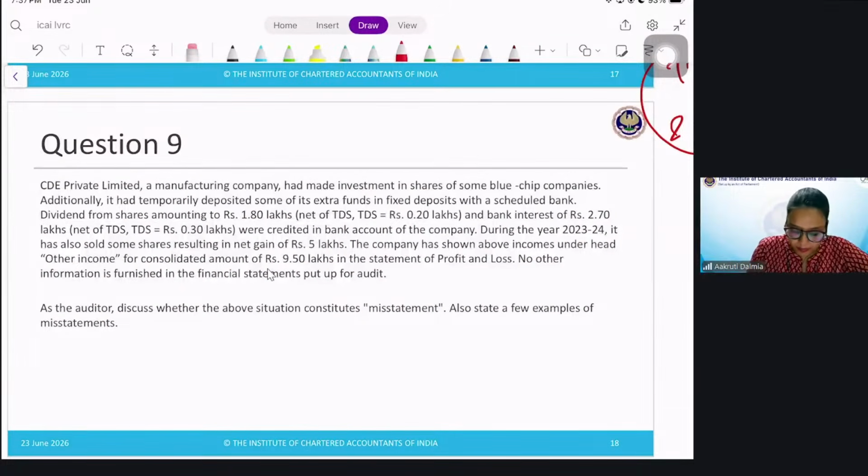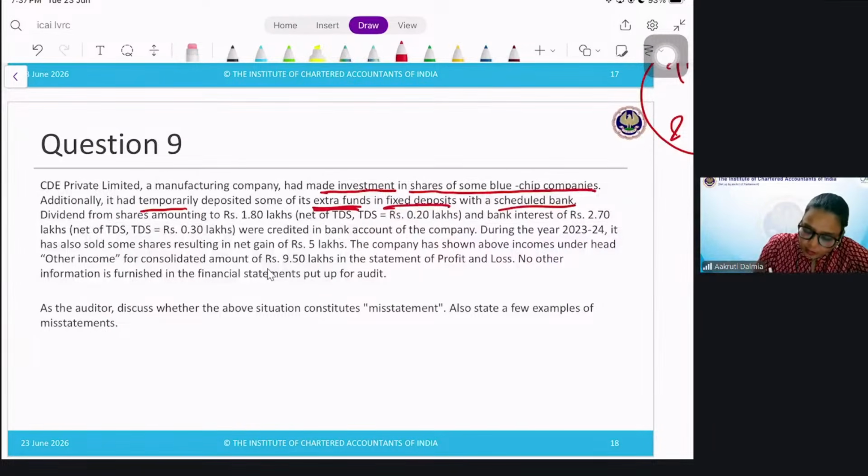CDE Private Limited, a manufacturing company, has made an investment in shares of some blue chip companies. Additionally, it had temporarily deposited some of its extra funds in fixed deposits with a bank. Dividends from shares amounted to 1.8 lakh net of TDS.